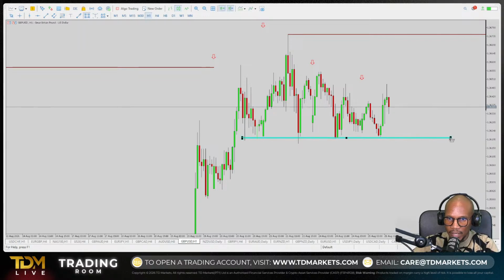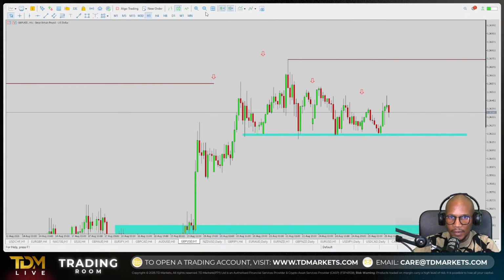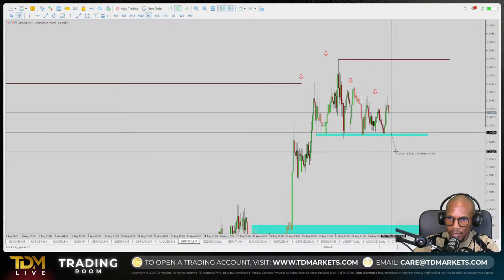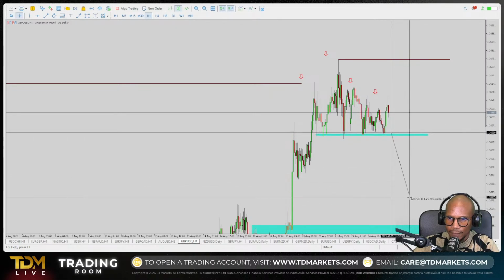Whether you're gonna take it as a breakout or the retest of that zone, that would be good. Above the zone, price can still do anything, but a break is either going to be a breakout or the retest for one more push down.